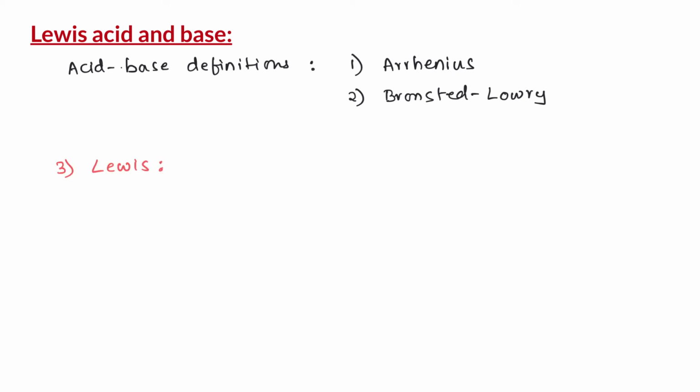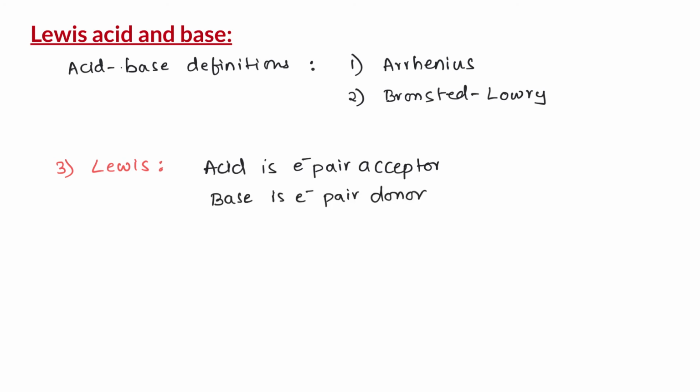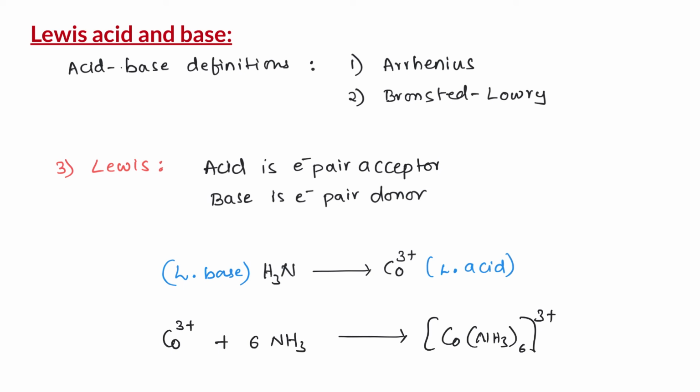Lewis defined an acid as an electron pair acceptor and a base as an electron pair donor. Therefore, the central metal ion in a coordination compound is a Lewis acid and the ligands are Lewis bases. The reaction between the central metal ion and the ligands is an acid-base neutralization reaction.